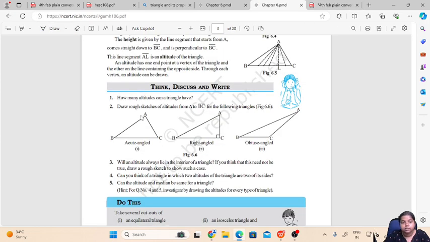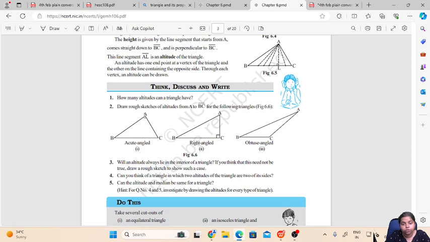Understood? Then draw rough sketches of the altitude from A to side BC of the following triangles. Here they have given 3 triangles: acute angle, right angle and obtuse angle. They have told us to draw the altitude from vertex A to the side BC, only one altitude. So how can we draw it?